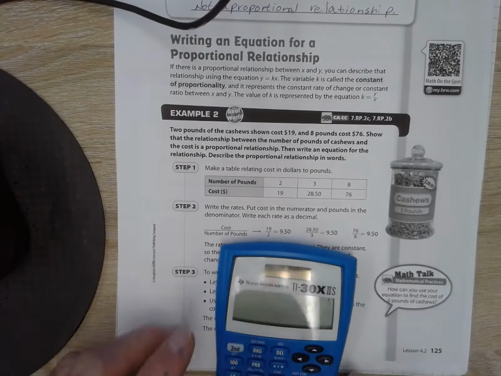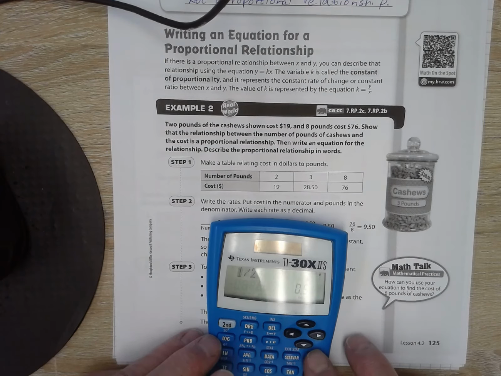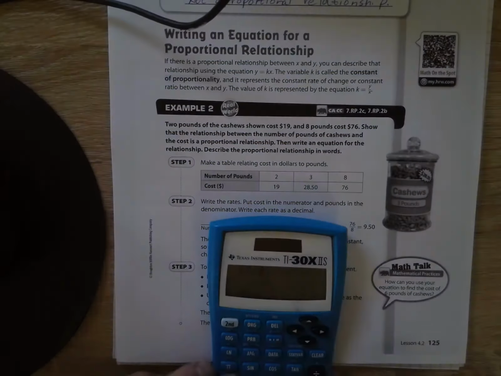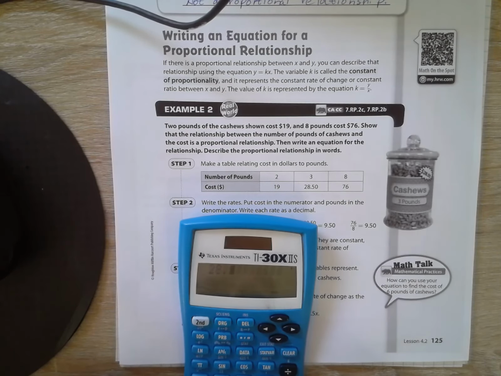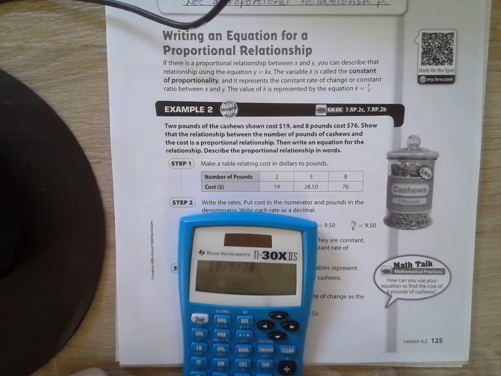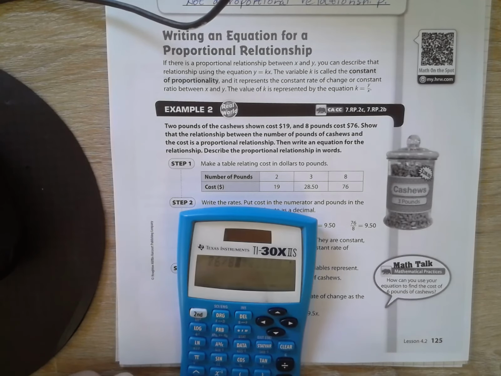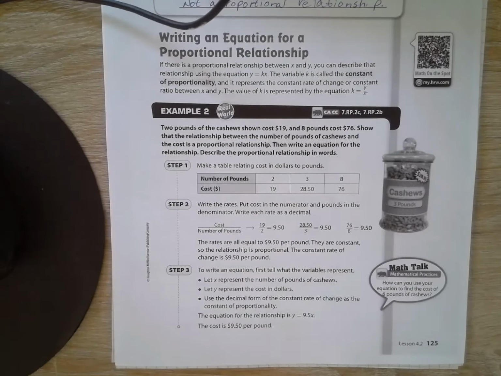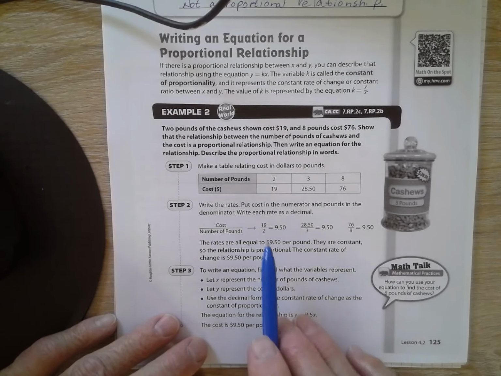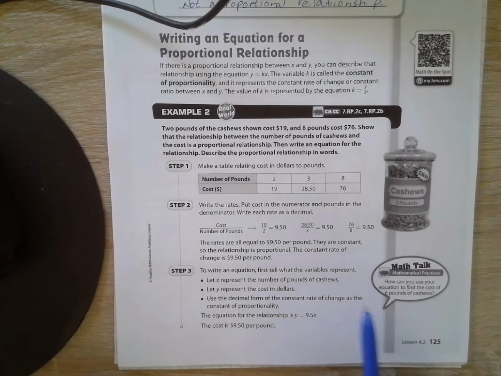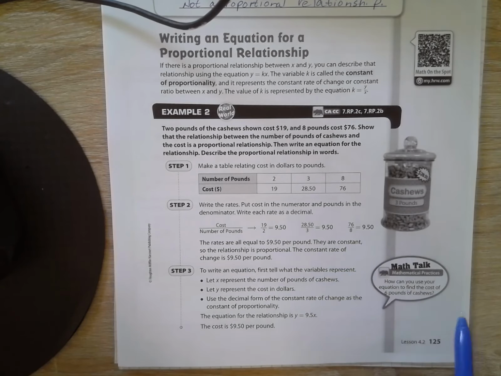Let's take out the calculator here. 19 divided by 2 is 9.5. 28.5 divided by 3 is 9.5. 76 divided by 8 is 9.5. Okay. So it is a constant relationship. So 2 pounds cost $19, 3 pounds $28.50, 8 pounds $76.